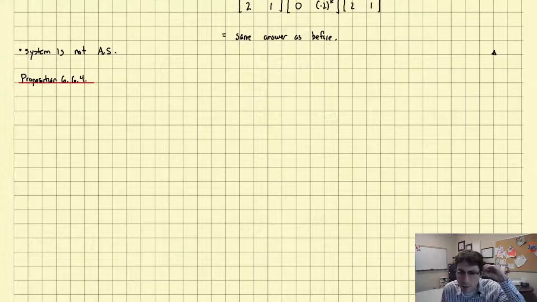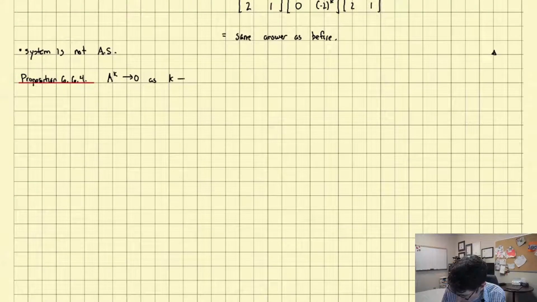Can we have a test for asymptotic stability which doesn't rely on actually computing this transition matrix? That's annoying, right? We don't want to have to do that if possible. And indeed, there is. So A to the k approaches 0 as k goes to infinity, if and only if every eigenvalue of A has magnitude less than 1.